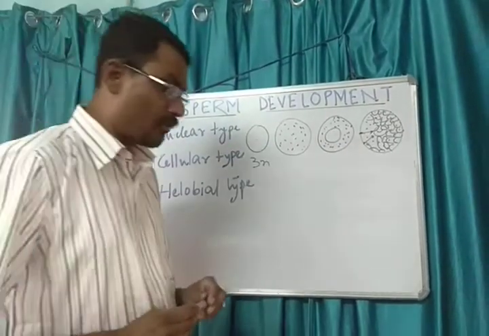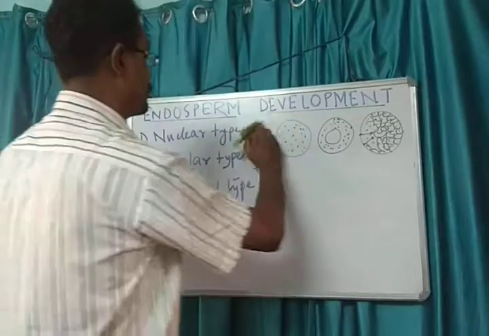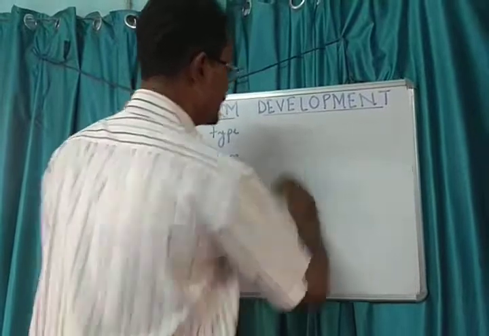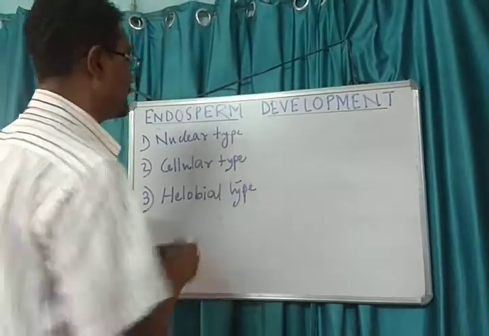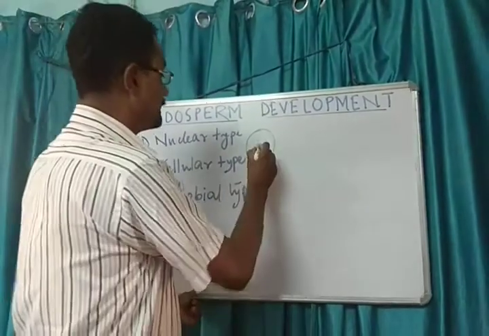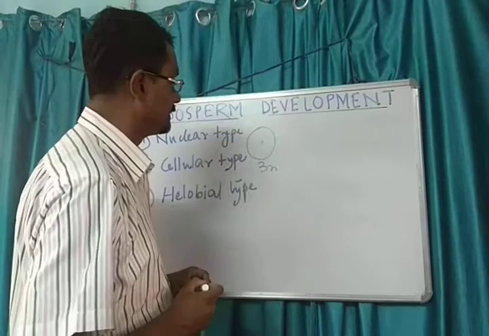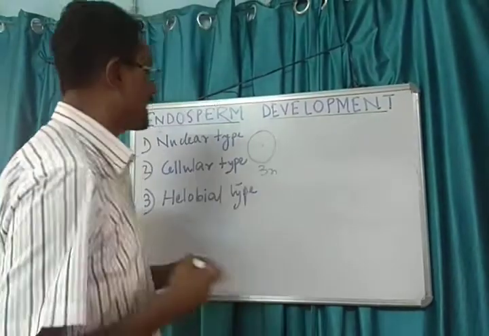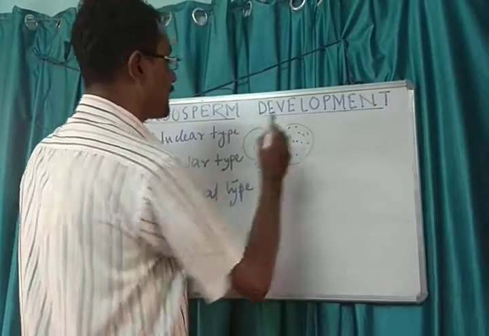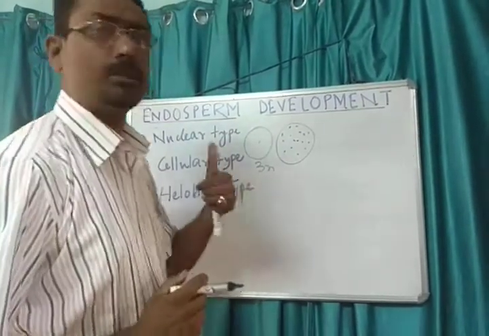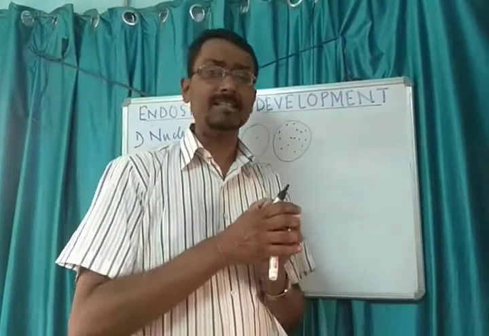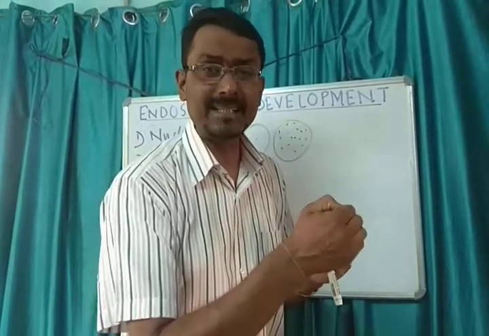Okay? Now let's go to the other one, which is called cellular type. In case of cellular endosperm development, we are finding the primary endosperm. It divides to form a number of nuclei, but here there is no occurrence of a vacuole. So the wall formation, or cytokinesis, occurs from the center towards the periphery.